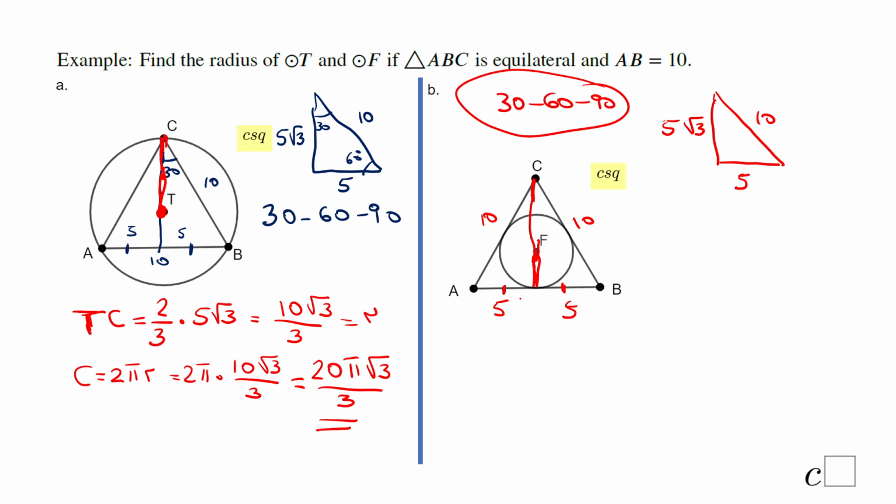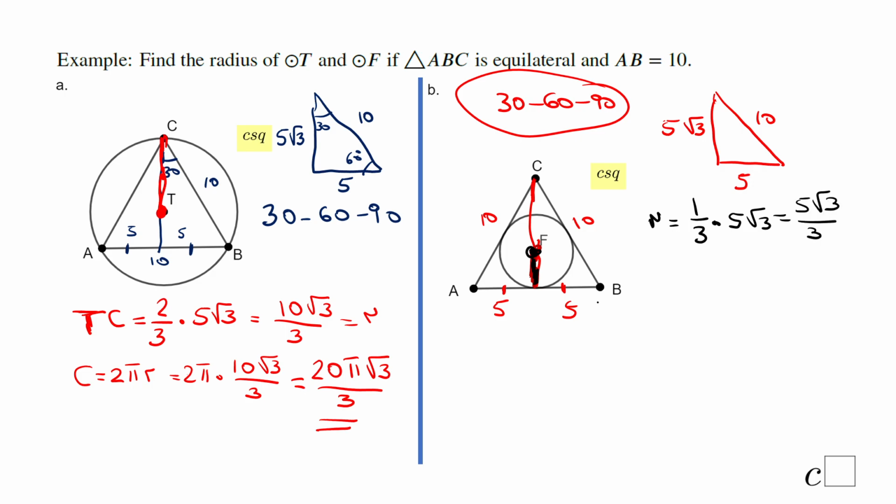But now if you take a look, this segment, which starts from this circumcenter and goes here, the radius, this radius here is 1/3 of the median. So R will be 1/3 of 5 square root of 3. So that will be 5 square root of 3 over 3.